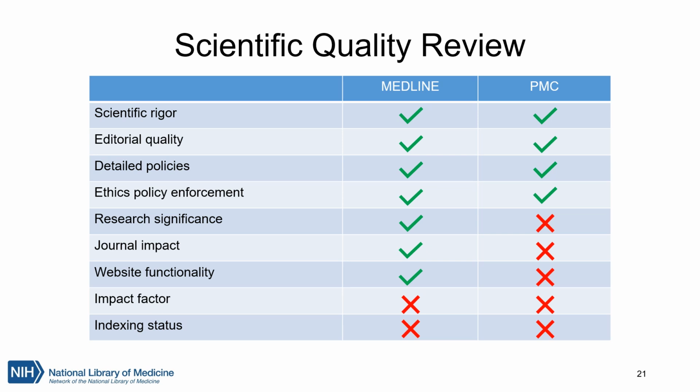Next, we'll review criteria Medline and PMC staff and external experts use to evaluate the scientific rigor of a journal. NLM views each journal comprehensively. This slide outlines some criteria we use during the review.